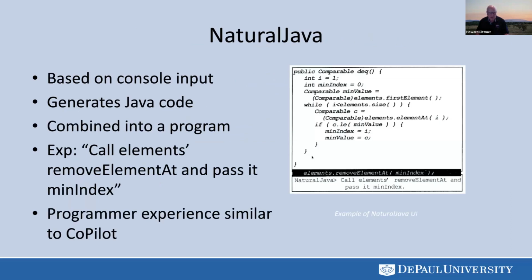And then natural Java is another past example. And once again, this is very similar to some of the things that are going on right now with software-based pair programming, where you put in a particular task and it generates some Java code. So essentially, it's a tool for the nitty-gritty of creating a program, helping you with your syntax.